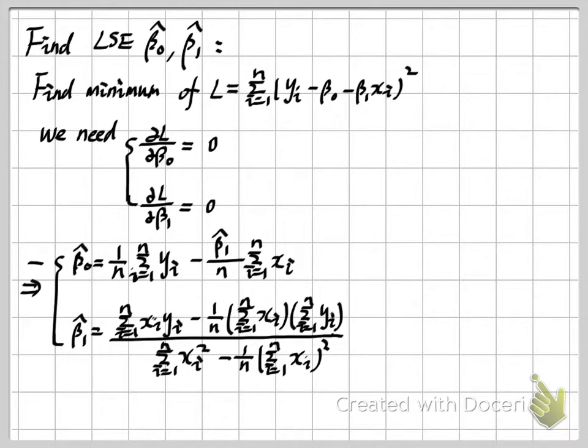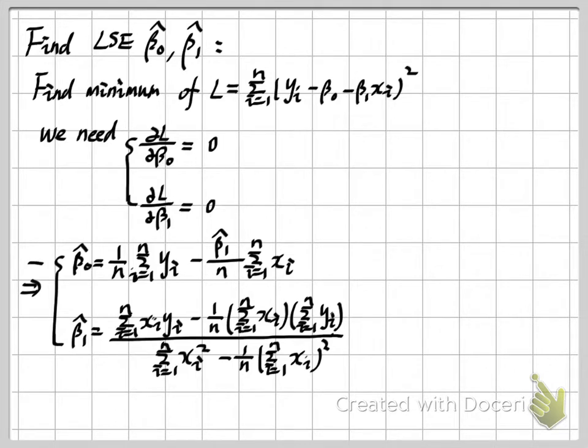And this equation looks very complicated. But if you remember the definition of our sample mean, the sample mean of x is the sum of all the values of xi divided by n.